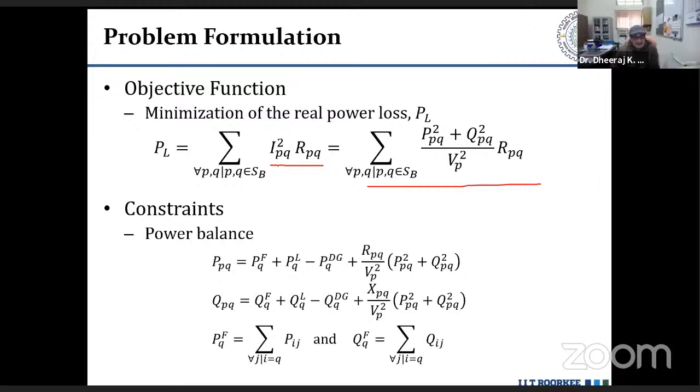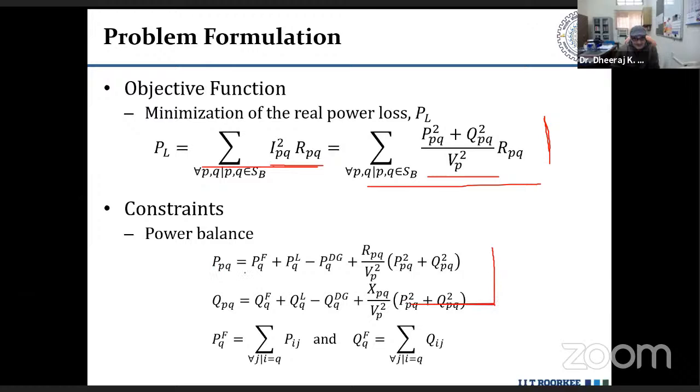We can use either current or power. So this is our objective. And now the constraints. First of all, the power flow balance constraint.